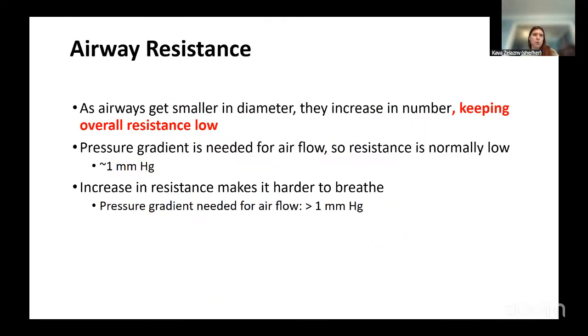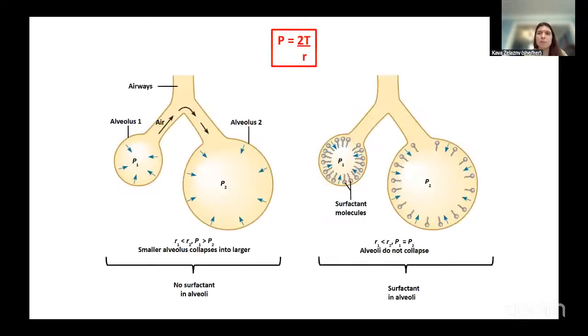Right. So one factor that can change how hard it is to breathe, so how hard pulmonary ventilation is, is that compliance piece, right? So if we have something that reduces the compliance of the lung, that's going to make it harder to breathe. A reduction in the compliance of the lung could be something like more surface tension because we don't have enough surfactant.